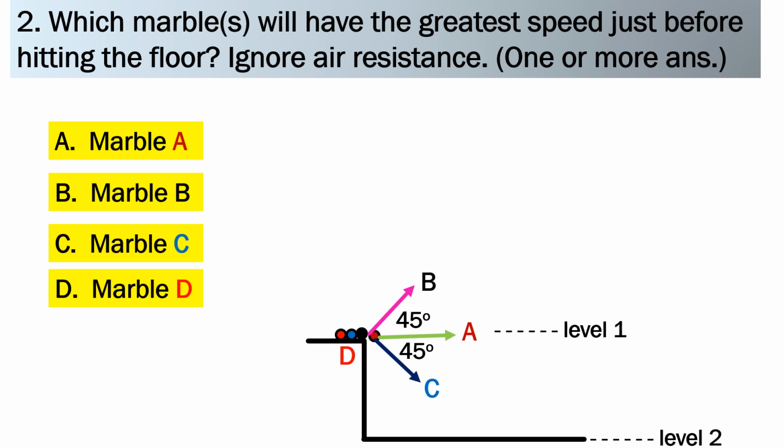The choices are letter A, marble A; letter B, marble B; letter C, marble C; and letter D, marble D. It was earlier mentioned that among the four marbles, it is marble D that has no horizontal component of its motion, and that the speeds of marbles A, B, and C are all equal initially.